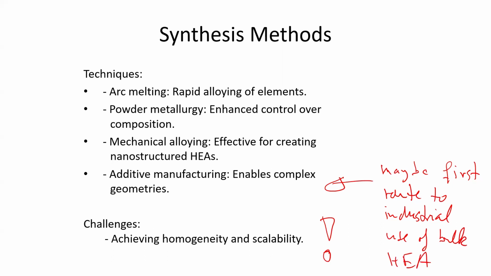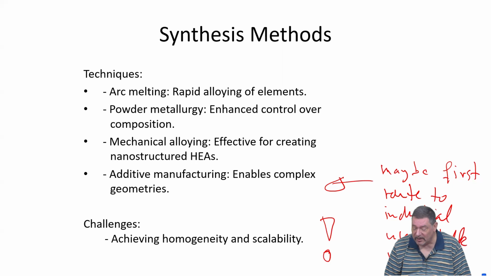So if we think of bulk, then it might be really additive manufacturing. Coatings is different, and coatings, I think, will be a much quicker way of putting high entropy materials into industrial processing.